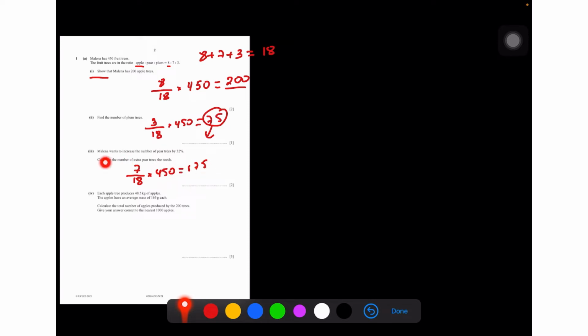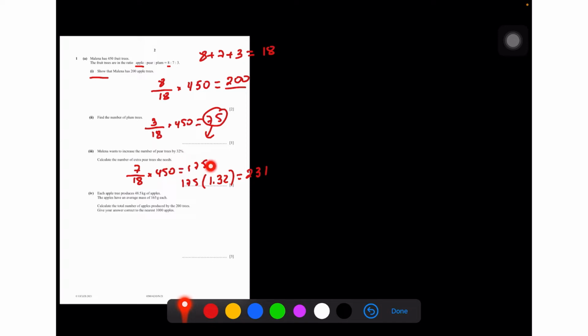And she wants to increase this by 32%. 175 multiplied by 1.32. If we need to increase, we have to multiply by 1.32. This will be 231. And they say calculate the number of extra pear trees she needs.